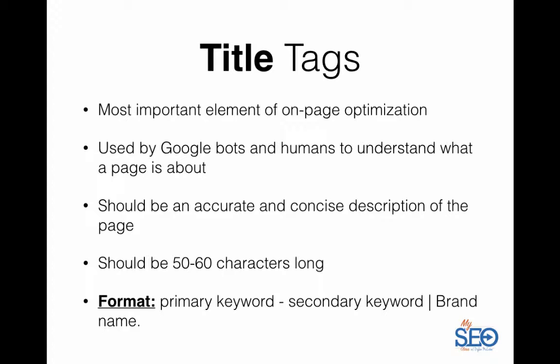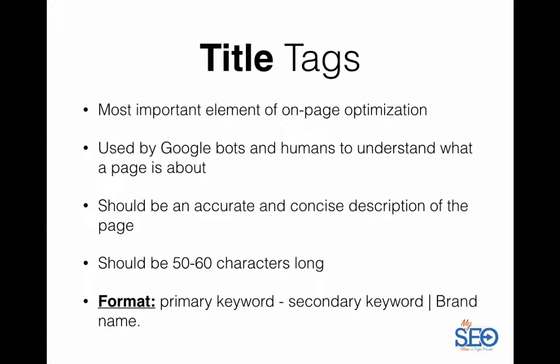So check this out. Title tags, number one, are pretty much the most important element of on-page optimization. When Google scans thousands and thousands of websites with its algorithms and its robots, its little crawl spiders, Google scans title tags to get an immediate assessment of what an entire page is about.